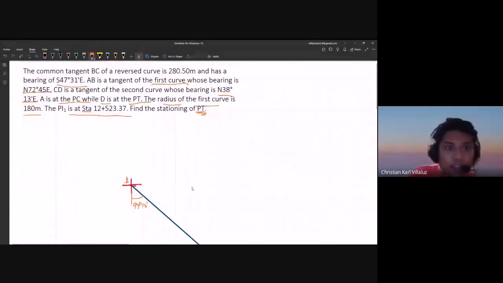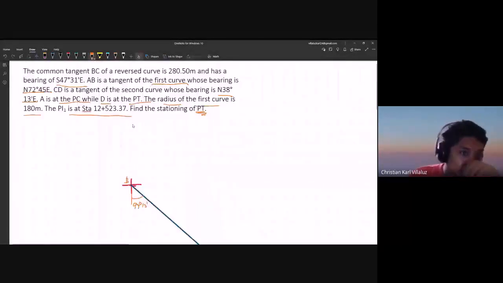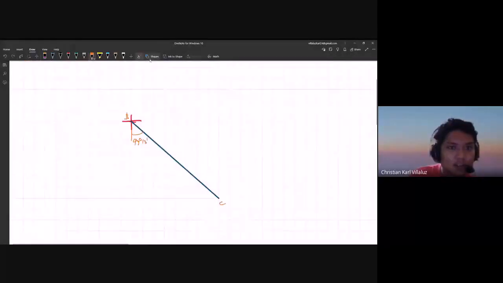AB is the tangent of the first curve, whose bearing is north 72.45. So, from point A going to B, ito yung bearing niya. 72 degrees, 45 minutes. So, ito yung tangent ng first curve.